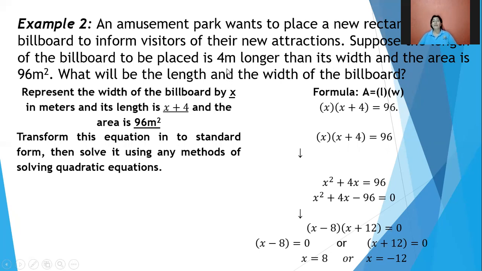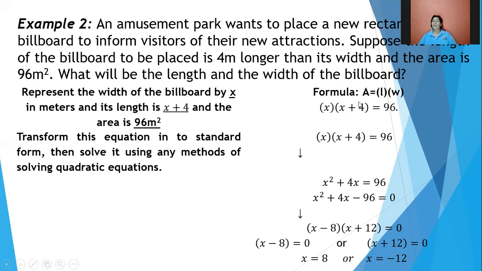What words are associated with addition? It can be more than or longer. How about difference? The words associated with difference are less than or decrease.